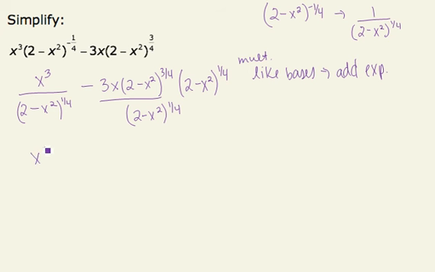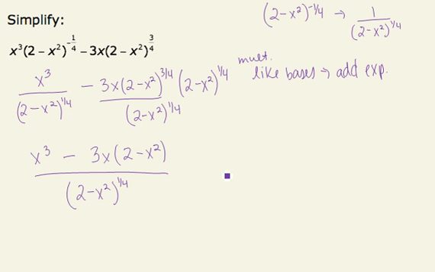Therefore, I realize that making this into a common base, I have x cubed minus 3x, 2 minus x squared to the first power, which I do not need to write, all over 2 minus x squared to the 1/4 power.